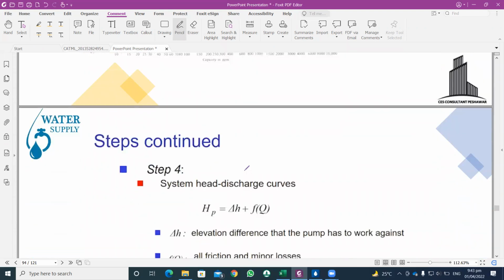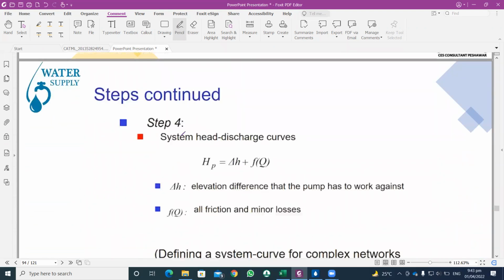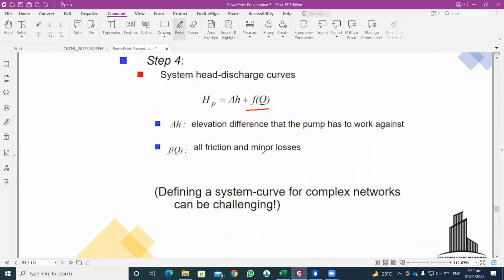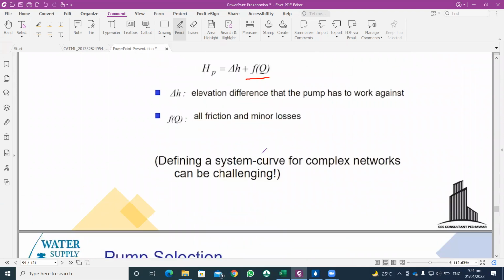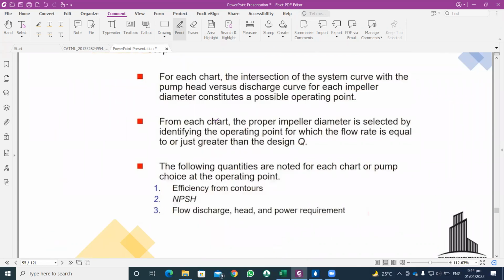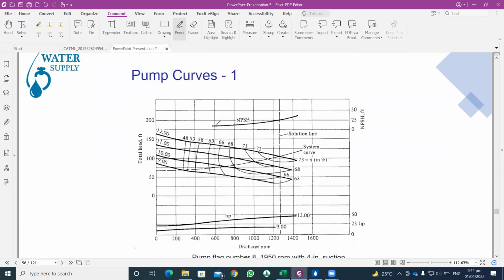After step 3, you will find the system discharge curve by finding the flow rate through pipes having minor losses, friction losses, and the difference between the water level in the reservoir and the highest point at the downstream side. Based on that, the pump will be decided. For each chart, the intersection of a system curve with the pump curves, so these are the assumptions which I have explained in the previous slides.